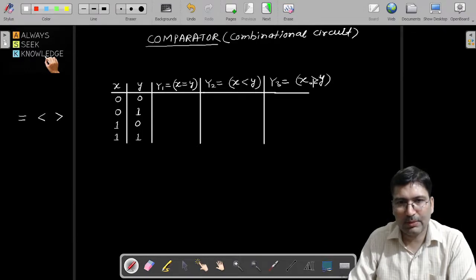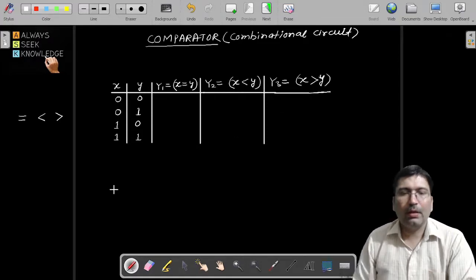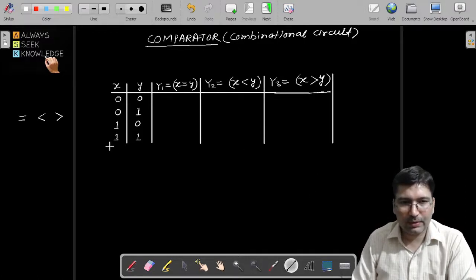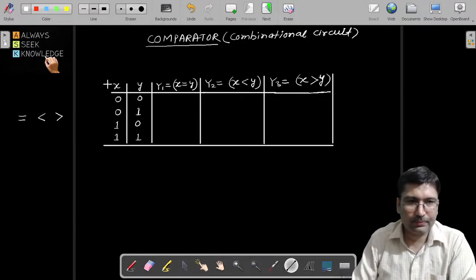So these are the three possibilities in case of comparators which we have, right? There's no further possibility, only these three possibilities are there. So we can conclude this is the truth table like this.